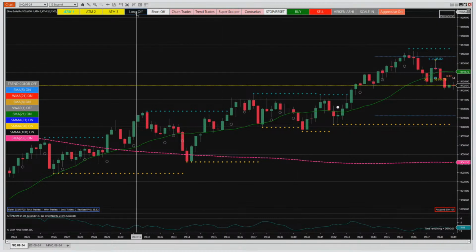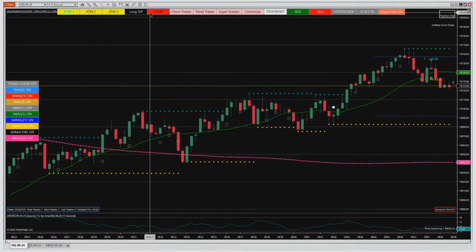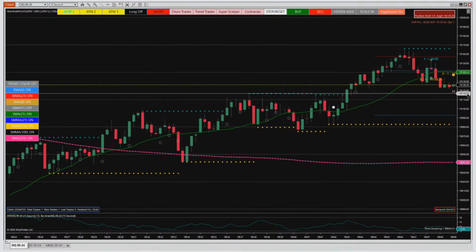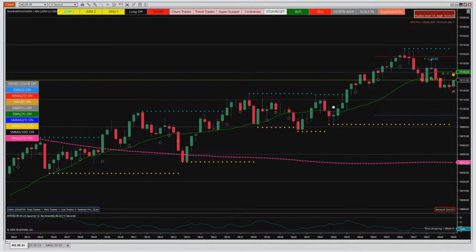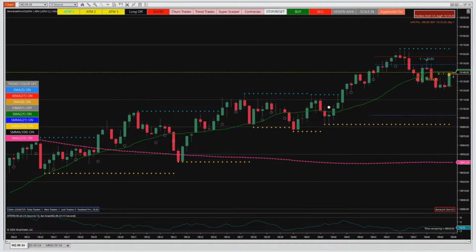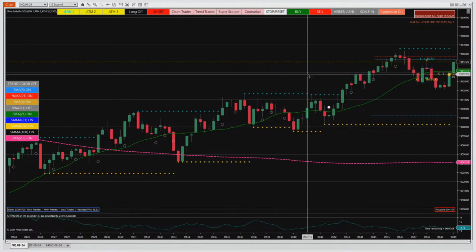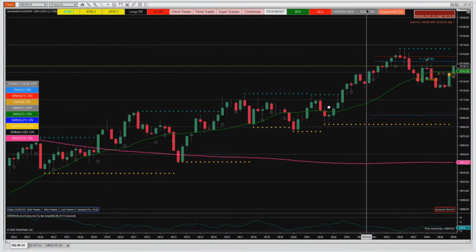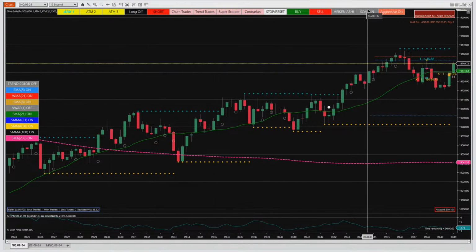So it has come below, so the long trade's not going to work. So now a short trade got placed. Which turns out to not be the greatest of ideas.